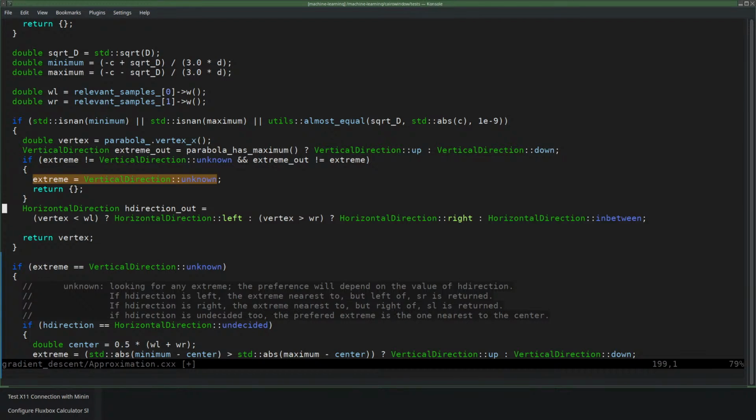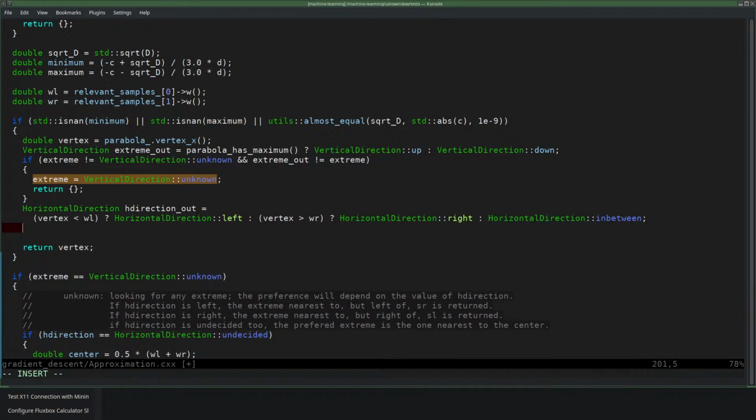And here we have horizontal direction out is that, and then when does that match? Well, if the input horizontal direction, just H direction, is unequal undecided, because then again I don't care, and we can just return whatever H direction is.